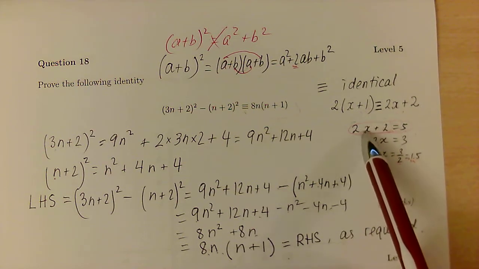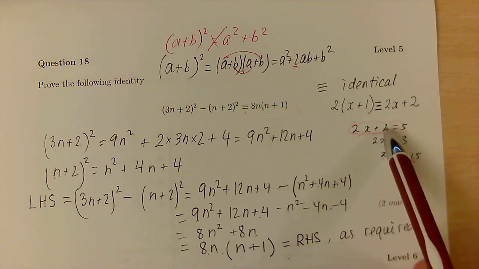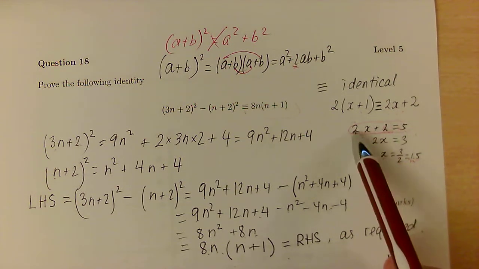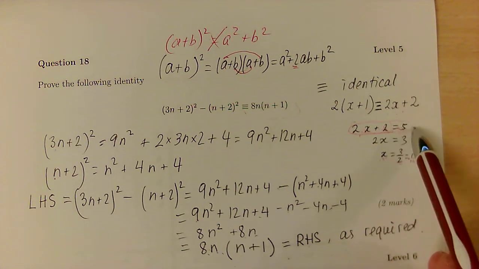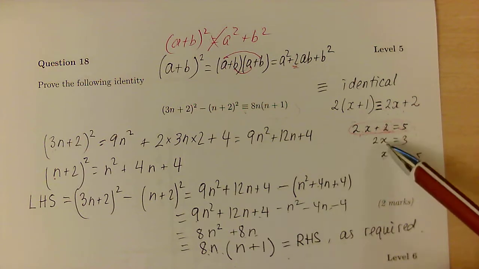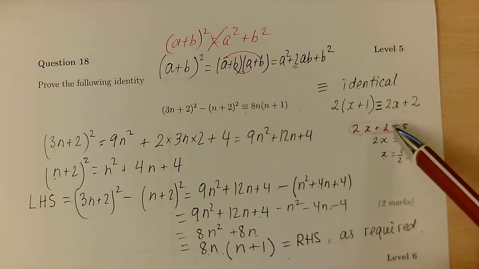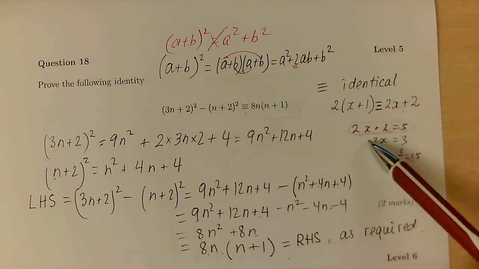You can try, say for example x is 0, 2 times 0 is 0, plus 2 is 2. 2 is not equal to 5, right? You can check x equals 1, 2 times 1 is 2, 2 plus 2 is 4, 4 is not equal to 5. So you see, it's working only for one x. So it's not an identity, it's an equation, okay? So that's what identical means.